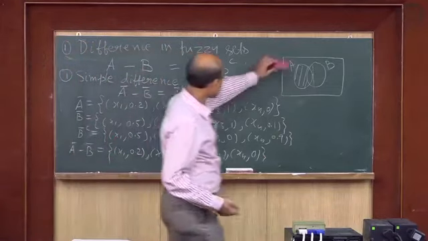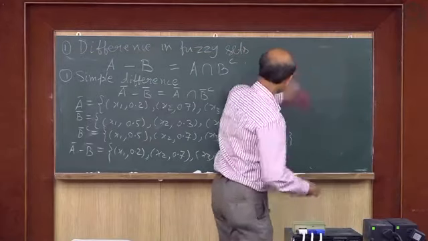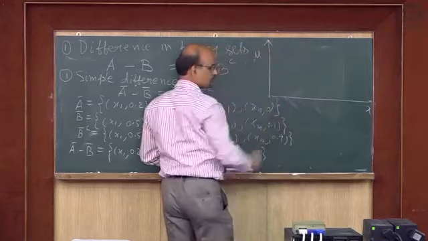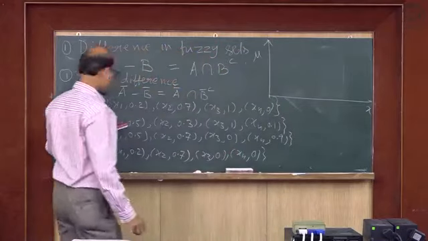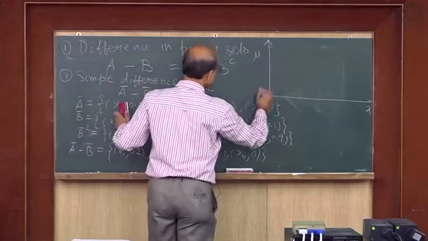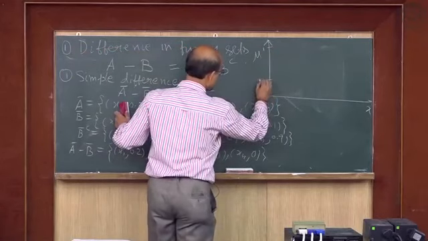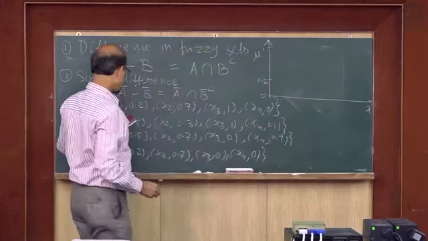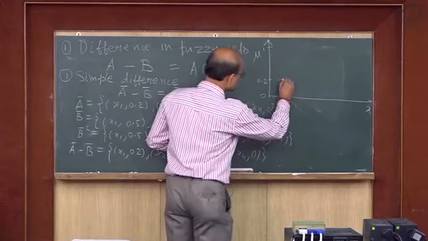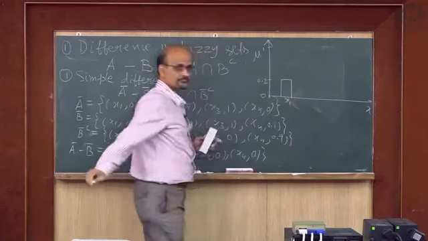So, let us see what is happening geometrically. This is your x suppose and this is your mu. Okay. So, for A bar we have x1 as 0.2, suppose this is 0, this is 1. So, let us take 0.2 here. So, this is your x1. Okay.